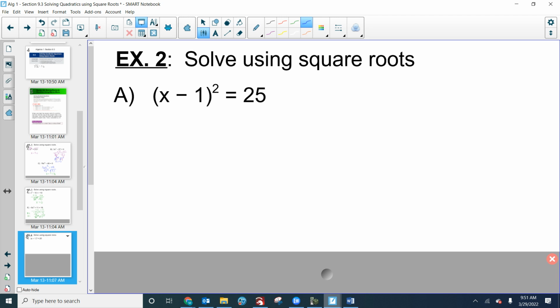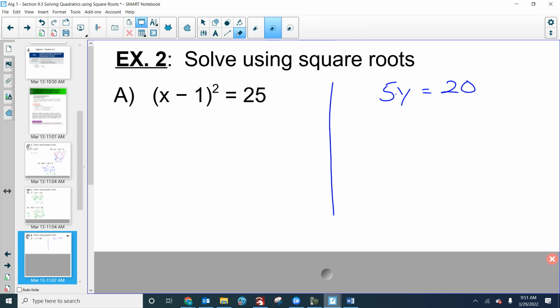But if you're solving an equation, like if I have 5y equals 20, let's do 5 times y minus 1 equals 30.